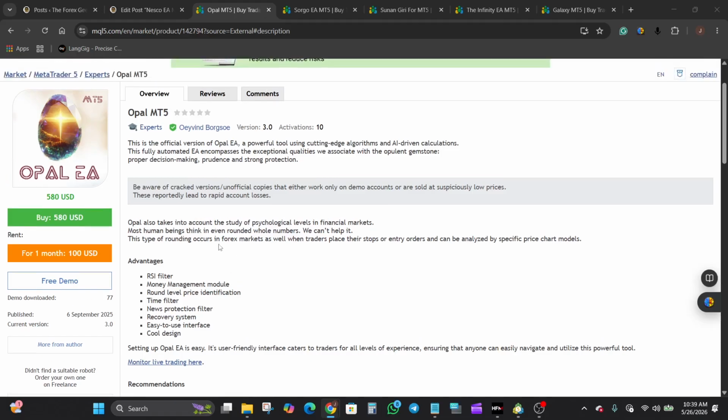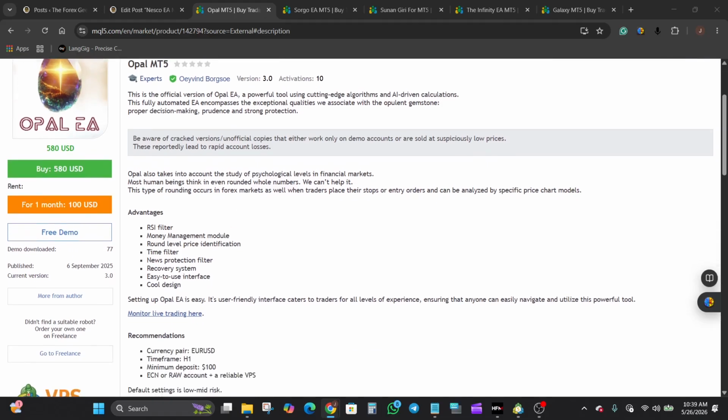Now, moving into the features section, I can see it includes an RSI filter, which generally helps in filtering market conditions based on momentum. There is also a money management module, which usually plays a key role in controlling exposure depending on risk settings.